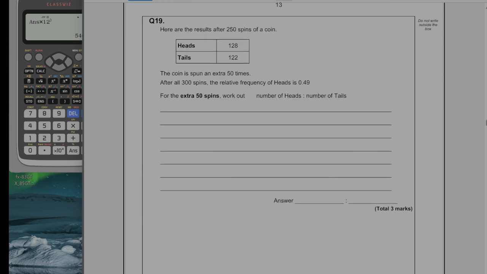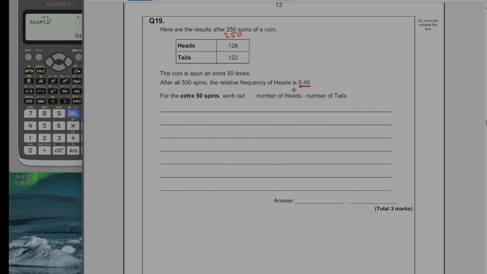Question 19. Here are the results for 250 spins of a coin. The coin is spun an extra 50 times. After all 300 spins, the relative frequency of heads is 0.49. For the extra 50 spins, work out the ratio of the number of heads to the number of tails. Okay, so this is based on 250 trials.